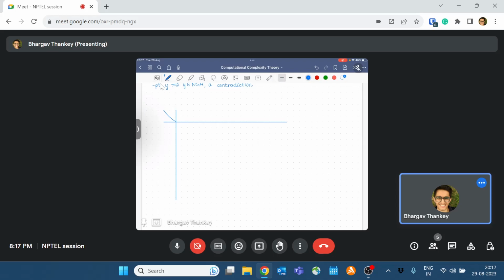Over here we are going to have Turing machines, M0, M1, M2, and so on, and over here we are going to have their encodings, Y0, Y1, Y2.